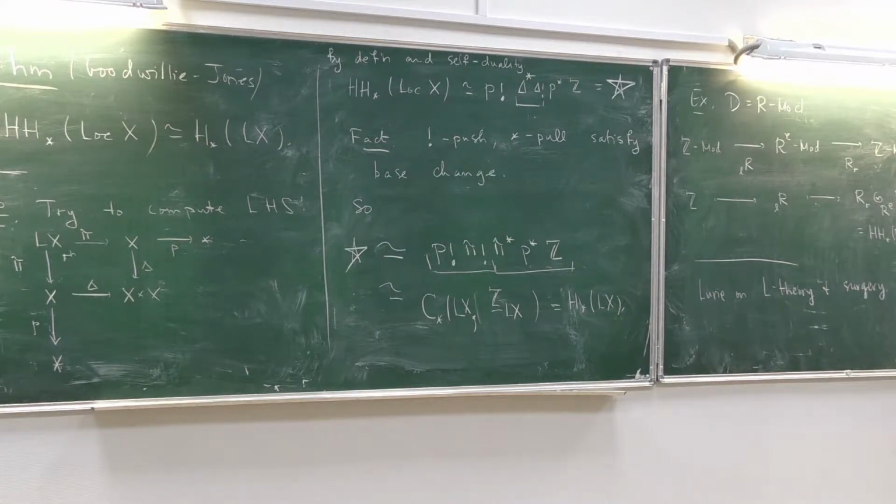This is not so clear from the point of view of sheaves. It is more or less clear from the point of view of this DG algebra. Because suppose I have an augmented DG algebra like this. Then I have a restriction along epsilon.